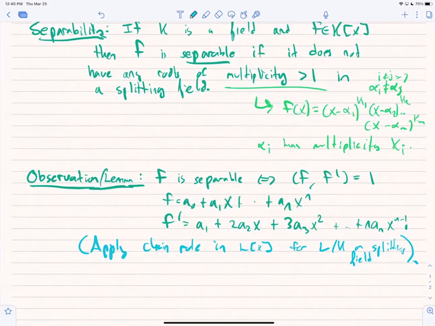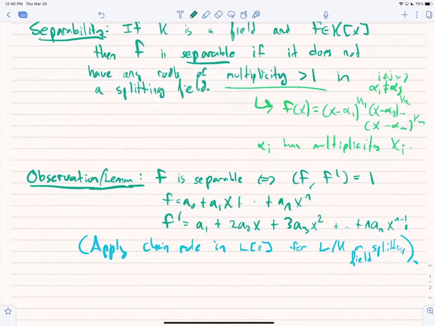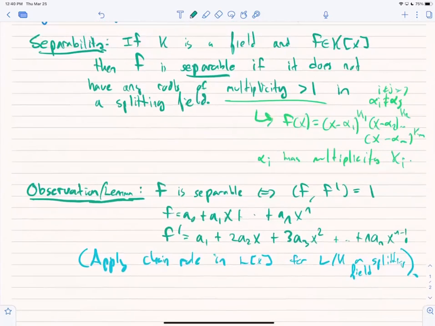this is useful to know because it gives you a good way of understanding when an irreducible polynomial is separable. We've been talking about field extensions, and one of the big ways we get field extensions is by adjoining a root of a polynomial, of an irreducible polynomial.